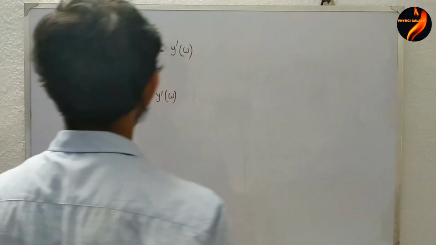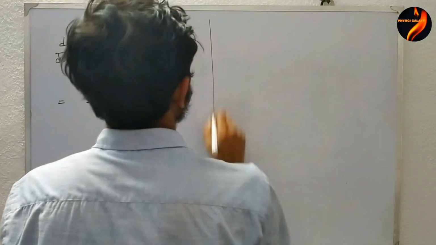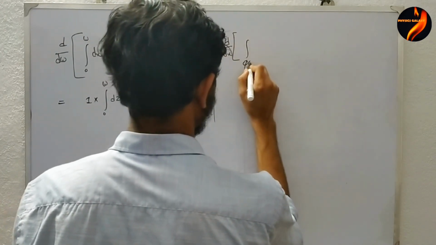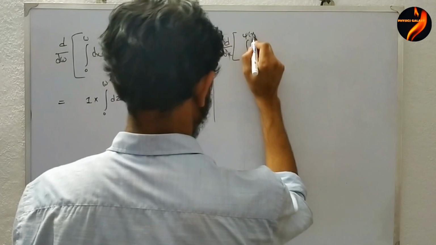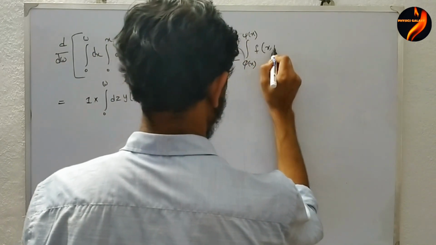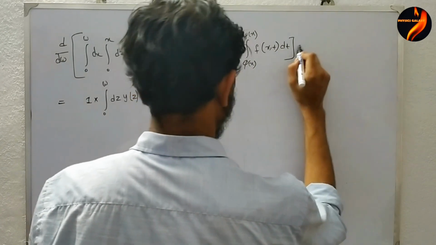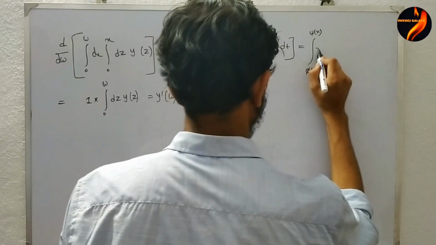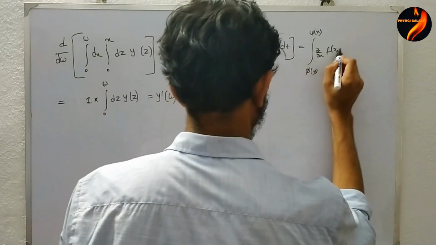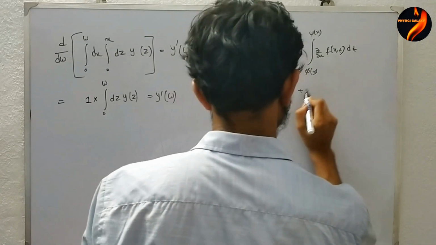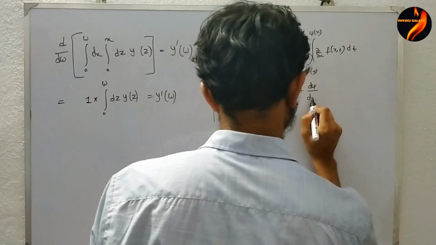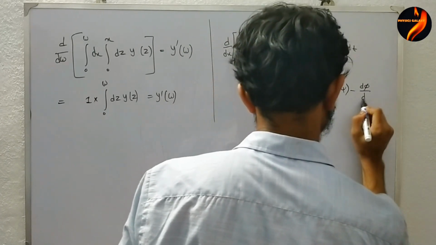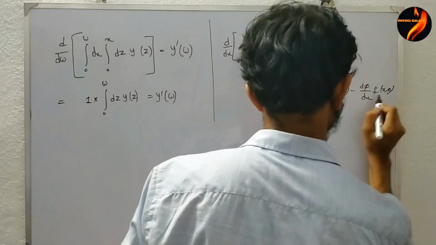Actually, according to this rule, if d/dx of some function of integral from phi(x) to psi(x) of f(x, t) dt, then this gives out the following.